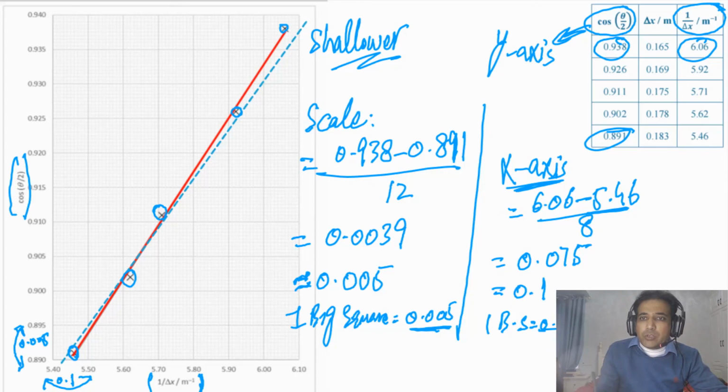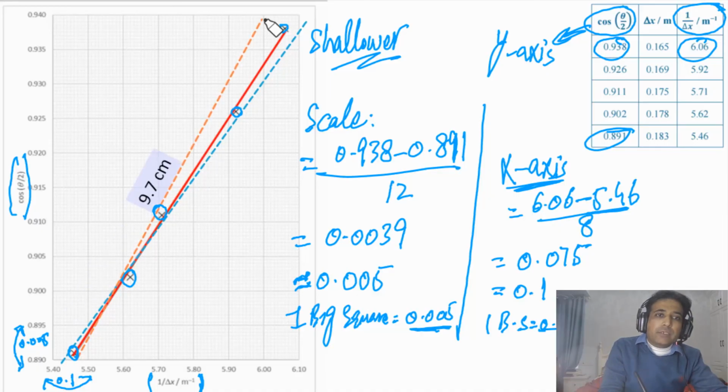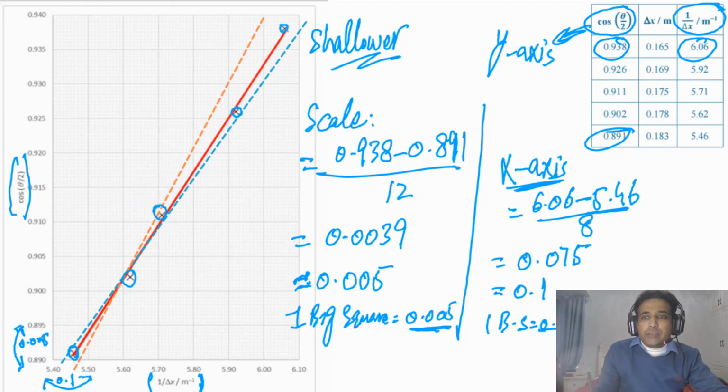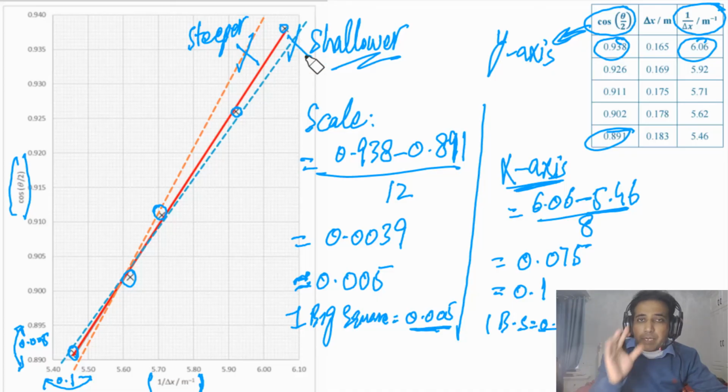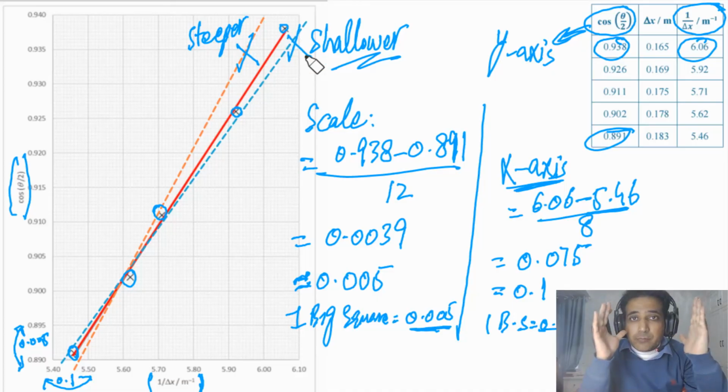And if we draw the line like this, you can see a lot of points are below the line, so this line is steeper, and this is also not the best fit line. The best fit line means that it fits all the points, not too steep, not too shallow. So this is how you can draw the best fit line.